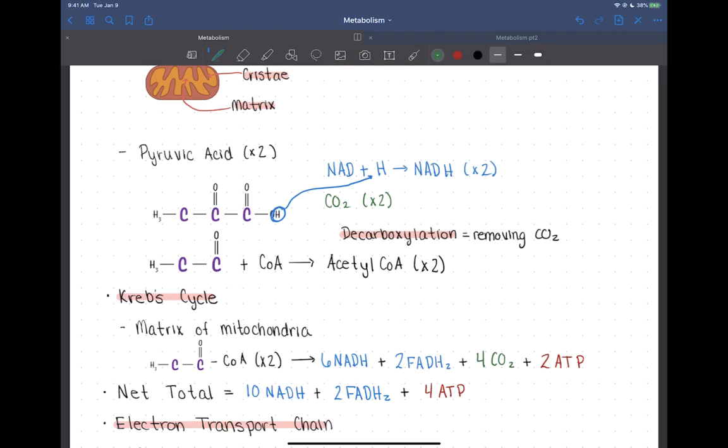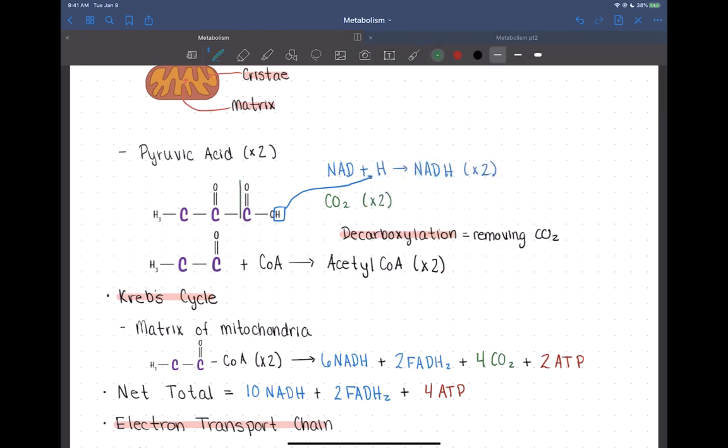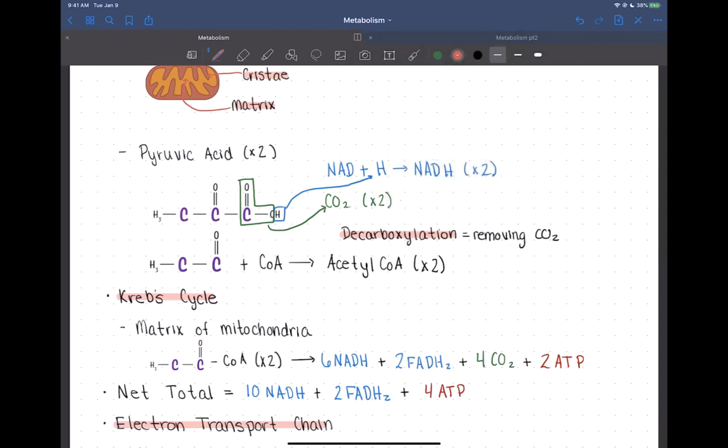Then the next step, let me adjust this a little. Make this a little box. There we go. Now we're going to remove this oxygen, carbon, and another oxygen. That is going to be taken off of that pyruvate molecule, and that is carbon dioxide. That carbon dioxide is then just going to be exhaled.